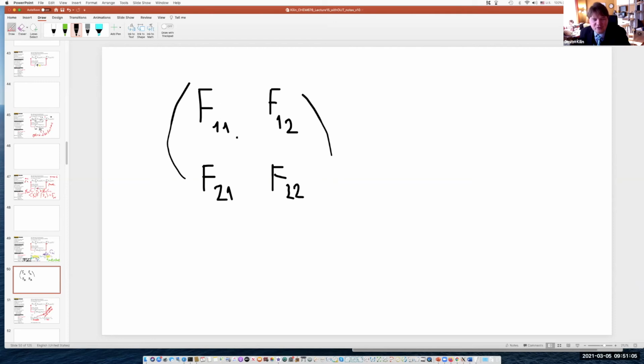First index is mu, second is nu. Then we have C1, C2. So what do you do if you see such notation? Steven? What do you do if you see matrix times vector?